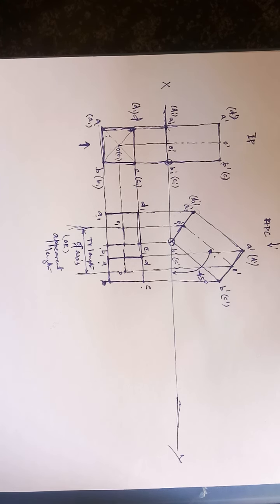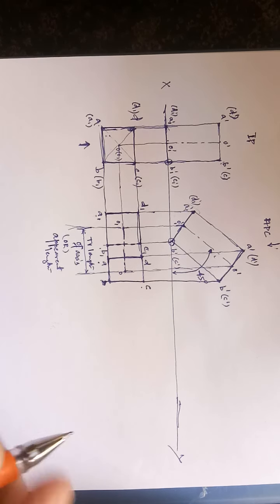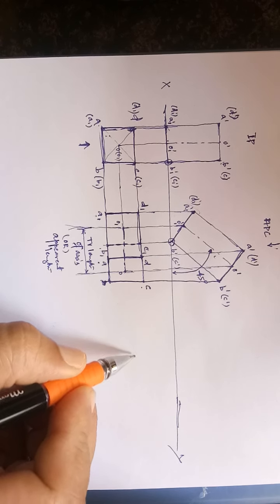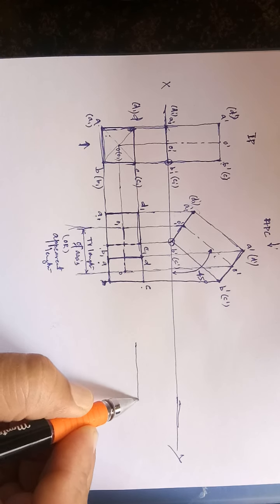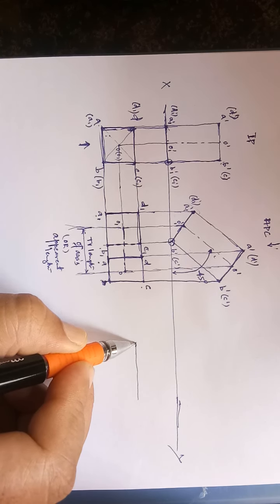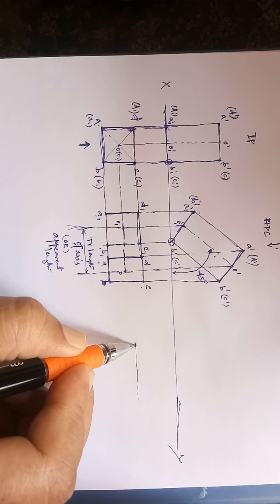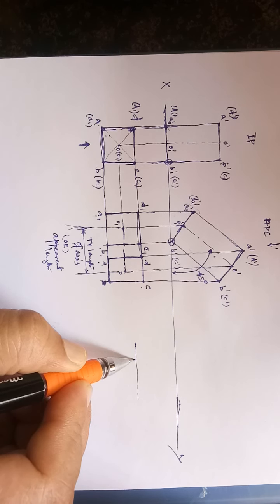Already the axis is inclined at 45 degrees to HP. Now it is inclined at 30 degrees to VP. To find the beta angle, you have to take the true length of the axis and true inclination. What is the true inclination? 30 degrees.